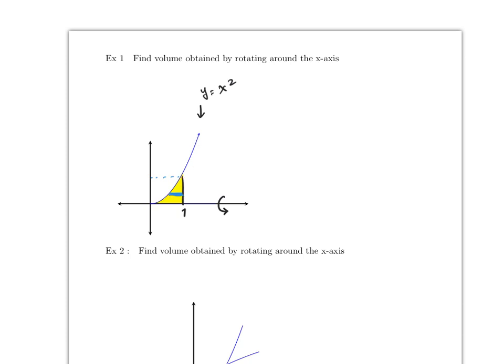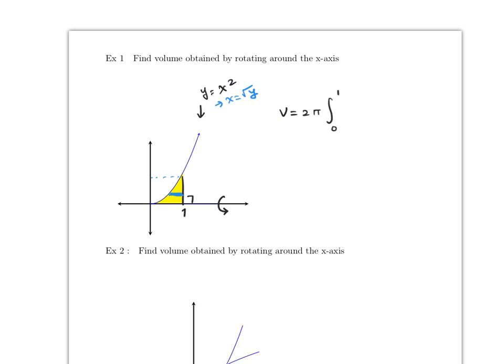So remember that if y equals x squared, that means that x is equal to the square root of y. So therefore, if we use the formula, the volume is equal to 2 pi, the integral from 0 to 1. Now notice the distance between the axis of rotation and this part, this is y.